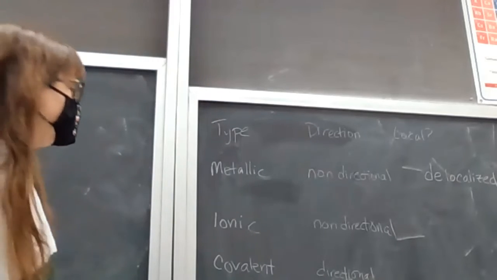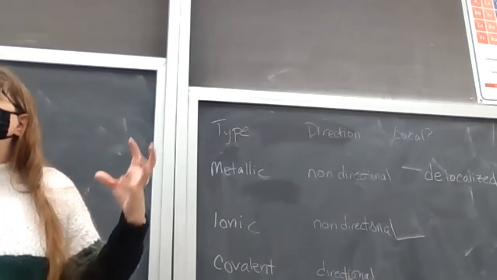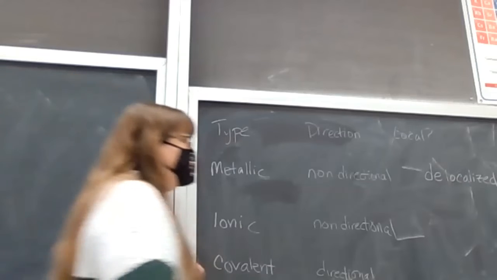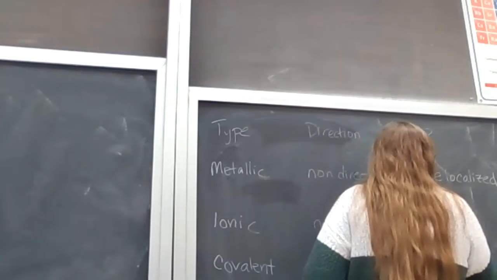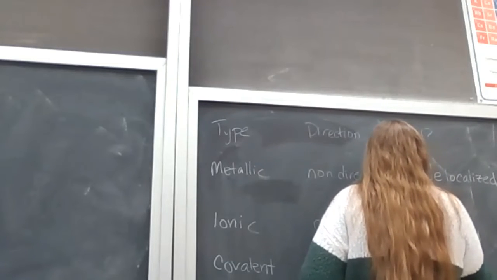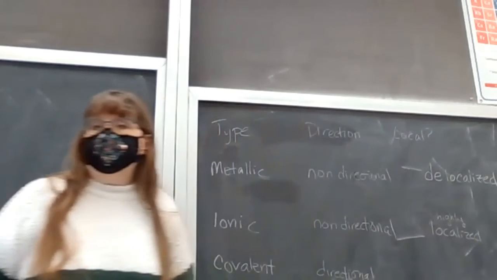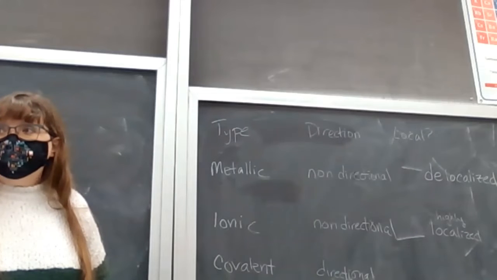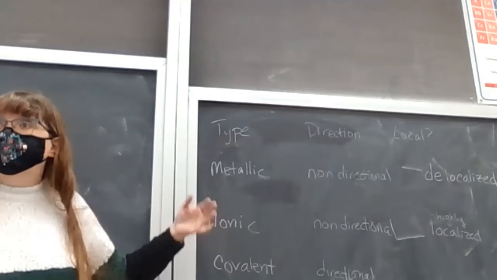All right, ionic. We said that the electrons stay very close to the more electronegative atoms, the anion. So this is highly localized. So much so that they're not even sharing those electrons. They're just staying around, say, the fluorine and not going anywhere near the cation.